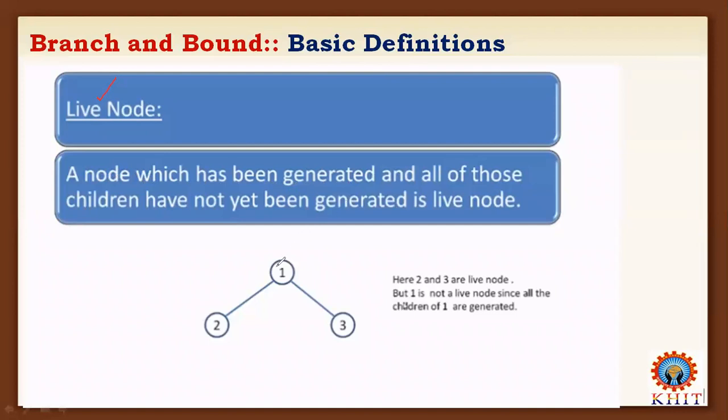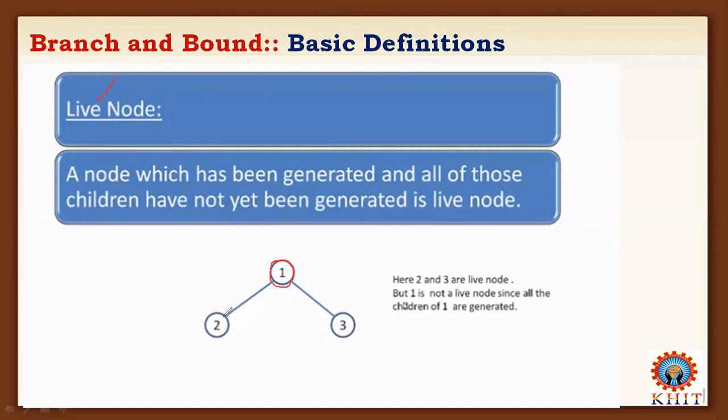But technically, the definition of a live node is: a node which has been generated, and all of whose children have not yet been generated, is a live node. So a node which does not yet have generated child nodes is called a live node.